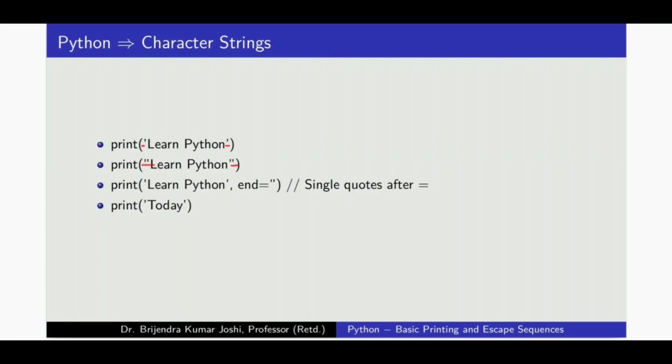Okay, now the new line character is by default assumed to be present. So when you print learn Python, either in single quotes or double quotes, the cursor goes to the first position of the next line automatically. But if we wish to suppress the default new line character, then we can write like this: print within single quote whatever string, comma, end equal to operator, and this is not double quote, it is two single quotes one after the other.